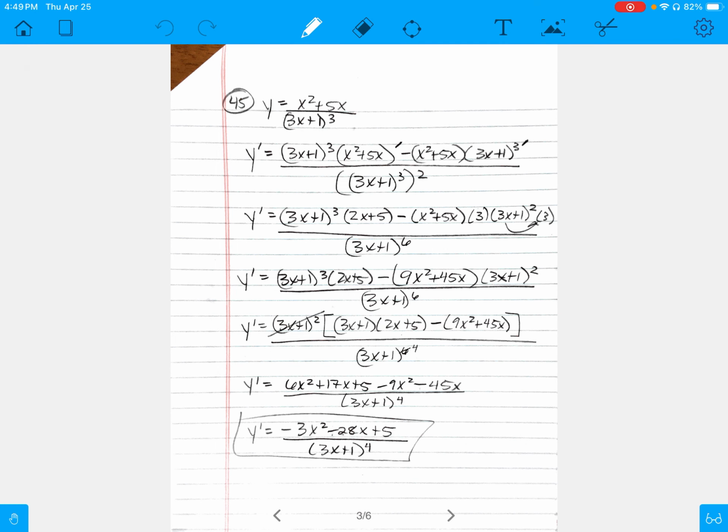45 is a very similar idea to the previous problem, except that now we're using the quotient rule instead of the product rule.